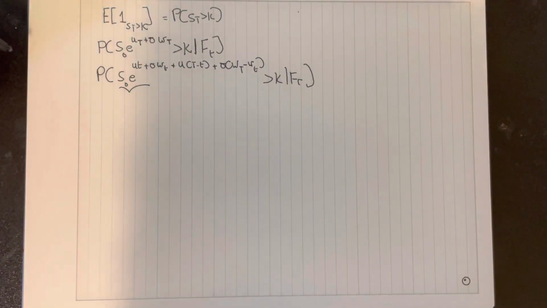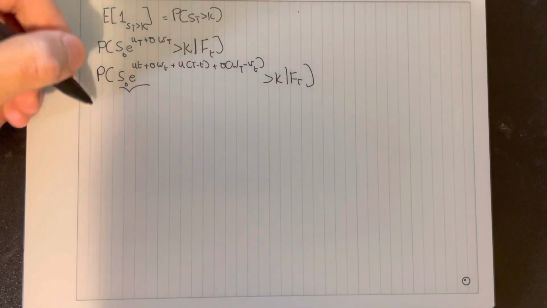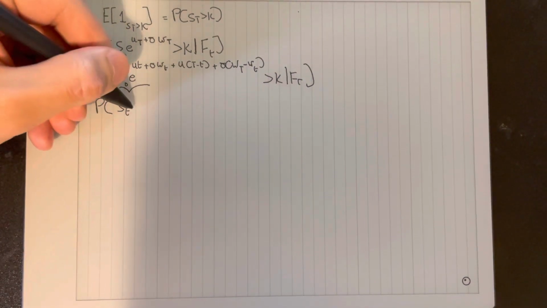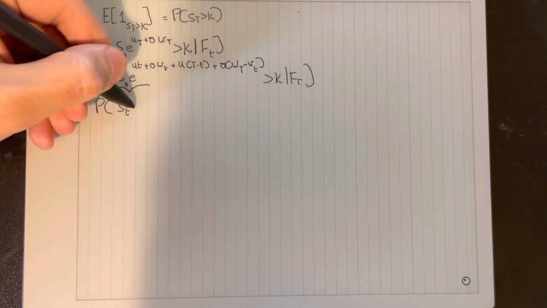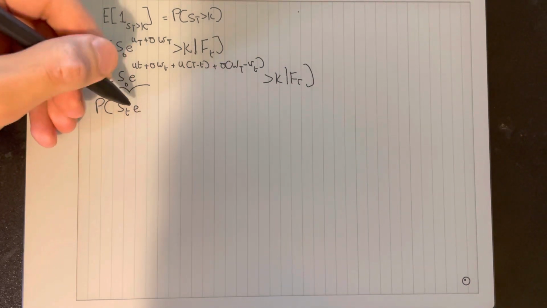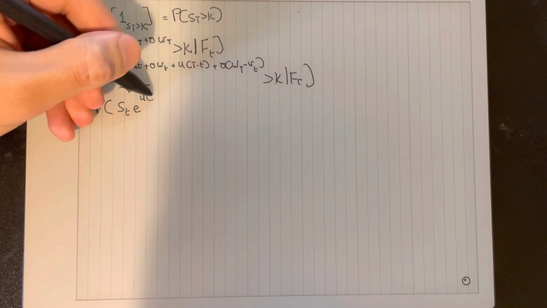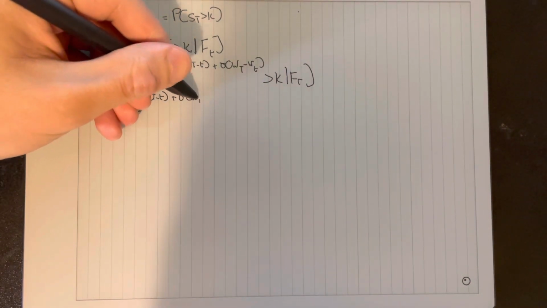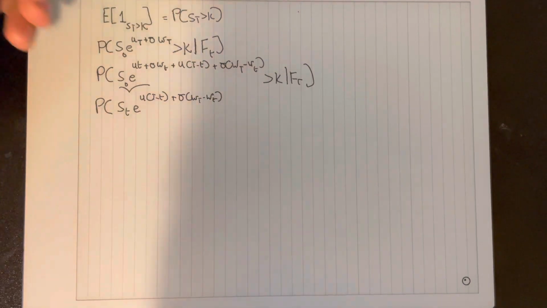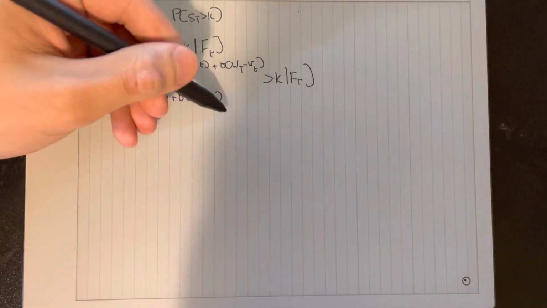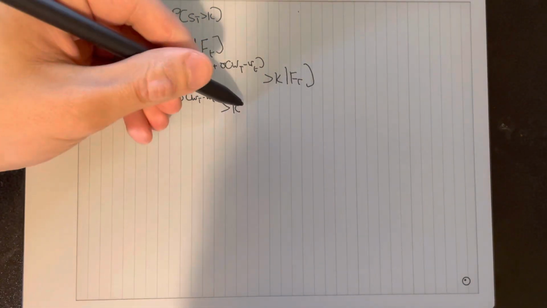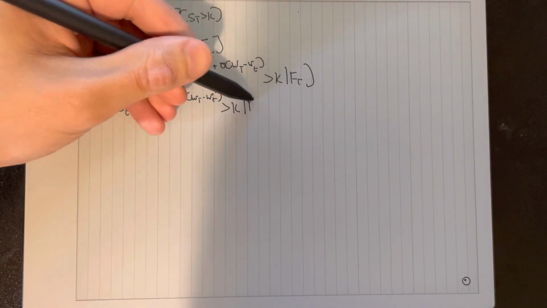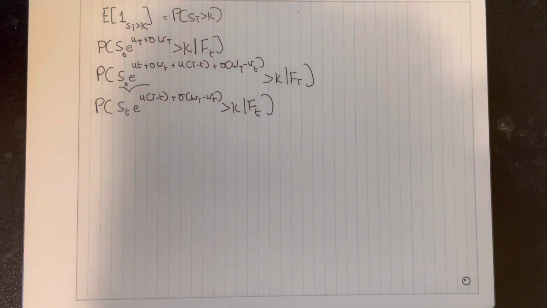So rewriting this, we will just say that we have S_t multiplied by e to the power of μ(T minus little t) plus σ(W_T minus W_t), and we're saying all of this is greater than k, given all the information up to today.